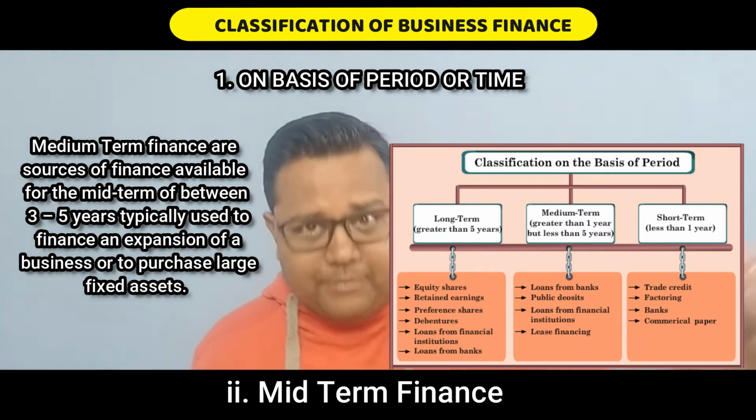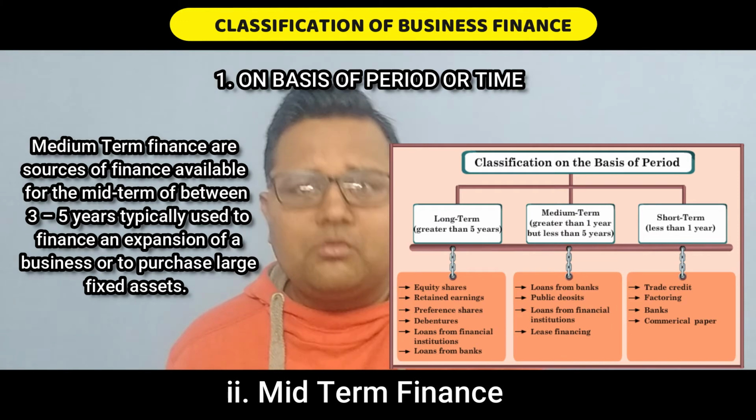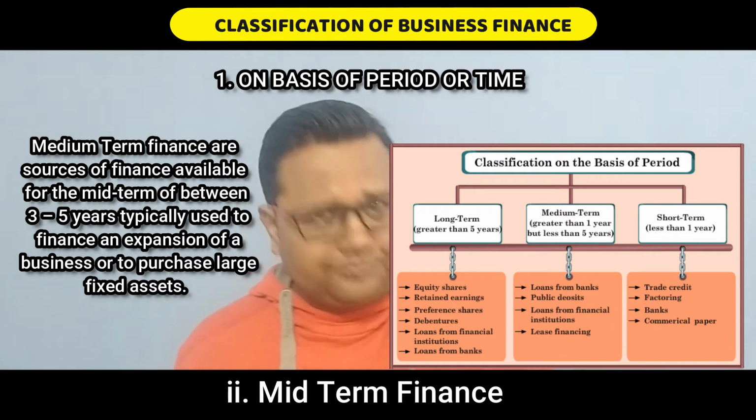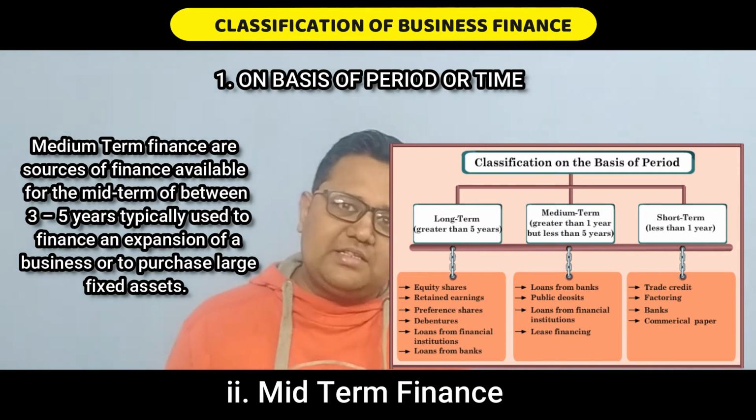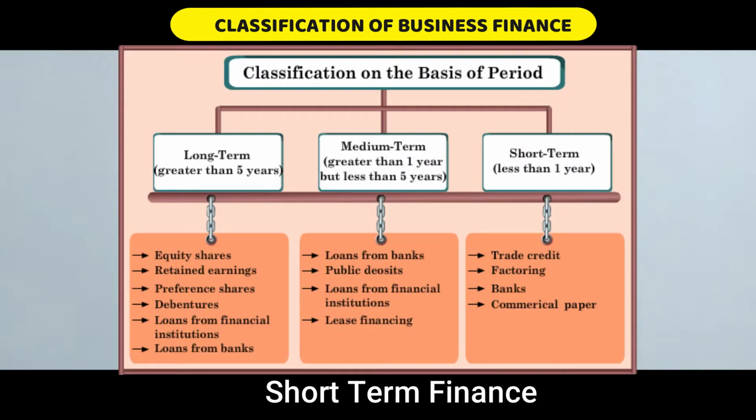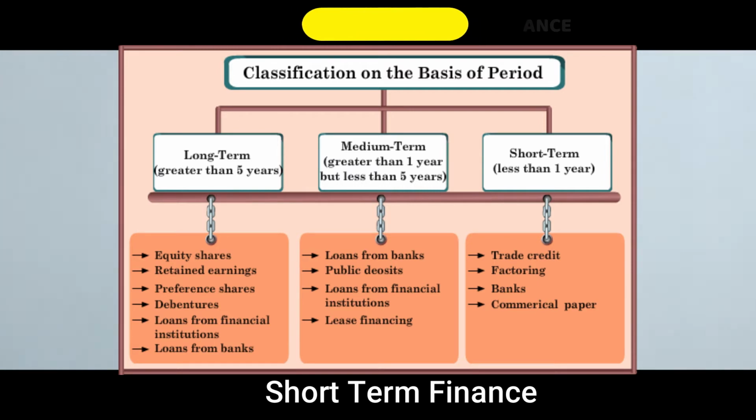Example like a mid-term loan or loan from commercial bank, and public deposit comes under mid-term finance. Short-term finance means fund used for less than 1 year, like commercial paper, treasury bill. Those things come under short-term finance. Hope you have understood.